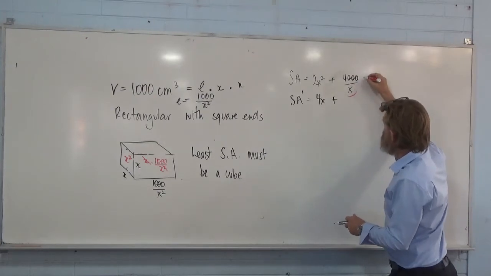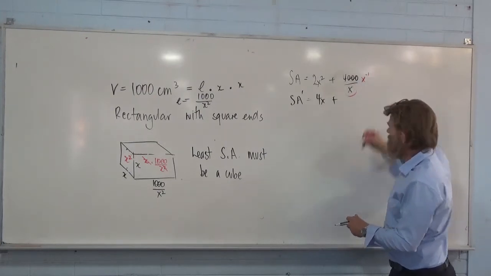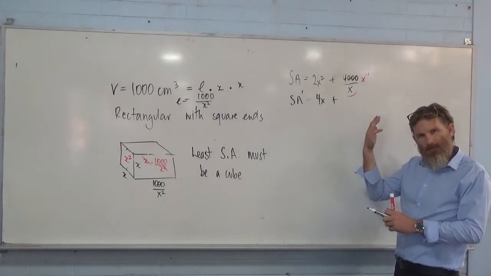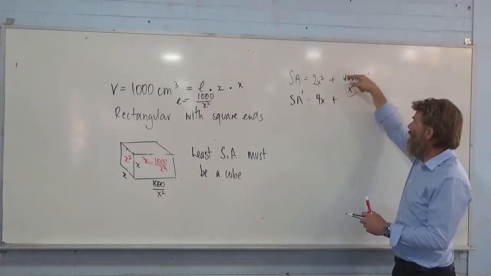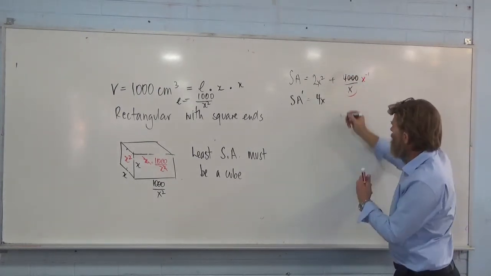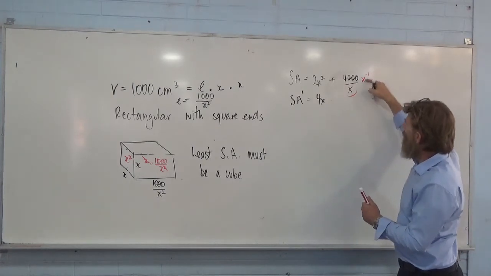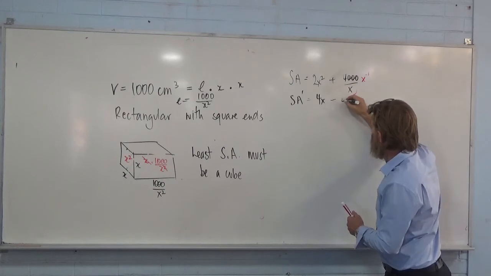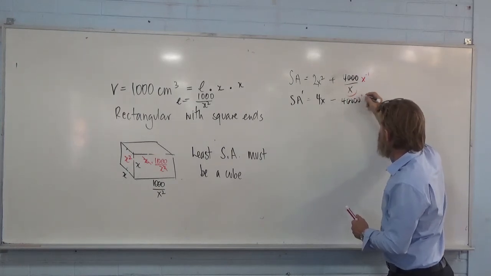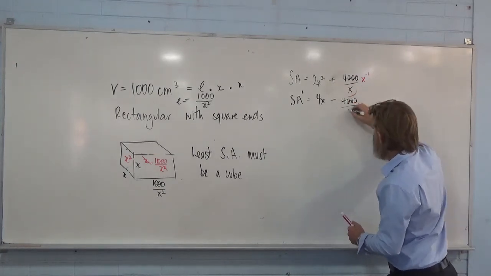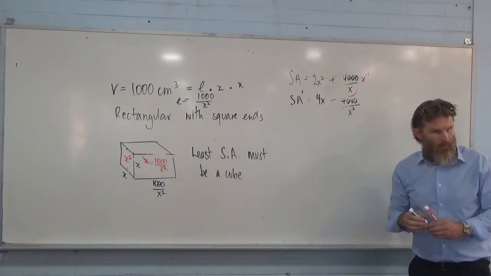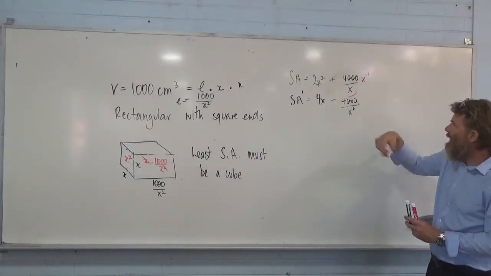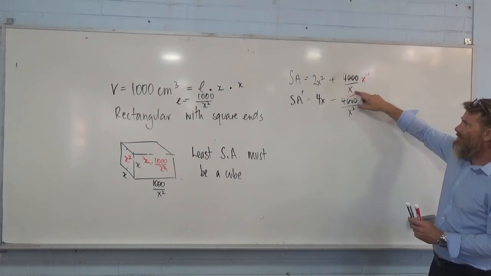If I bring that to the top line, it becomes x to the minus 1. That might be an easier way to see it. Power out front, minus, and then lower the power by 1 becomes x to the minus 2. So that would be minus 4,000 over x squared. Okay, power out front, lower the power by 1. It's sometimes easier to see it like this than this.